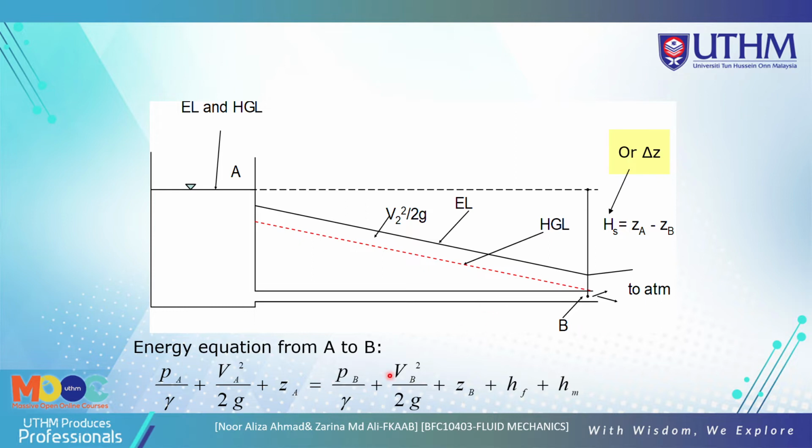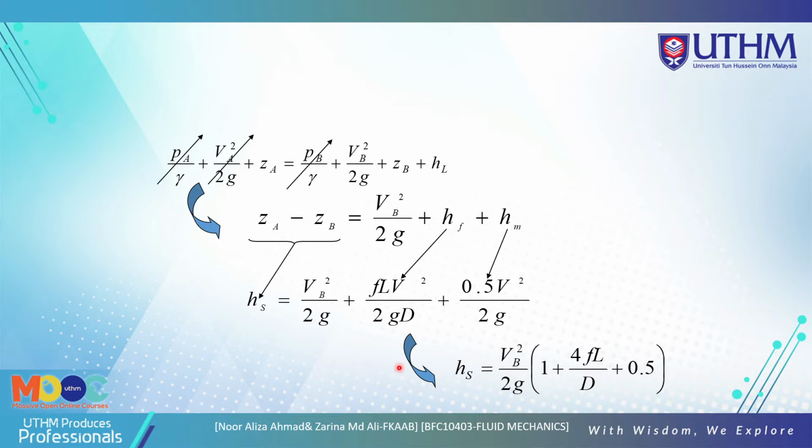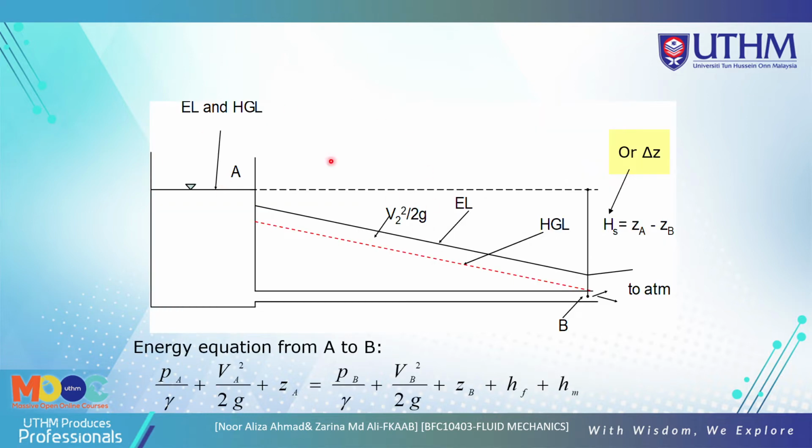You have learned chapter 4, plus HF plus the HM. Use the same equation or formula in this chapter, chapter 5. Based on this figure, from A to B, you must know the energy equation here.